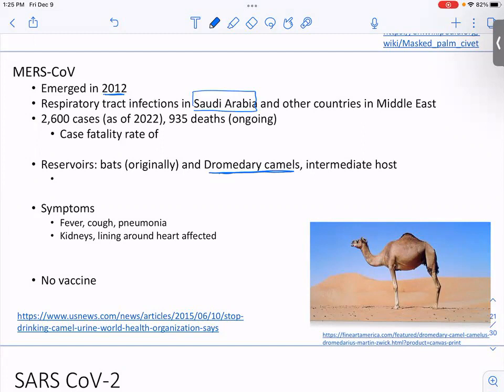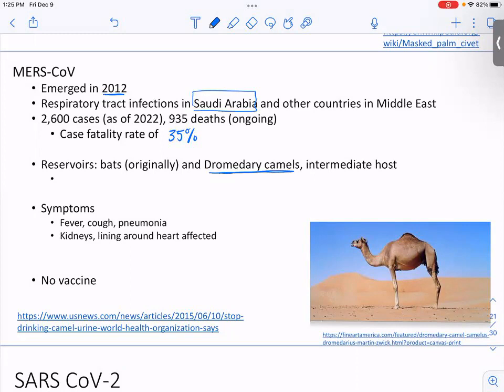So people that get this respiratory infection almost always have been in contact with these dromedary camels. It can be transmitted person to person, but most likely from a camel. Pretty high case fatality rate, 35%. That might not be totally accurate because sometimes this manifests as a milder disease and it might not get counted.